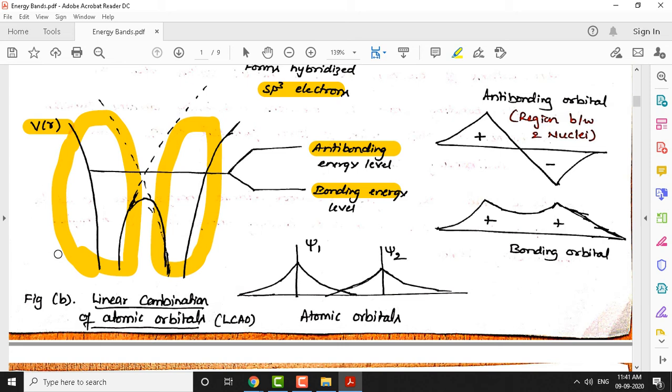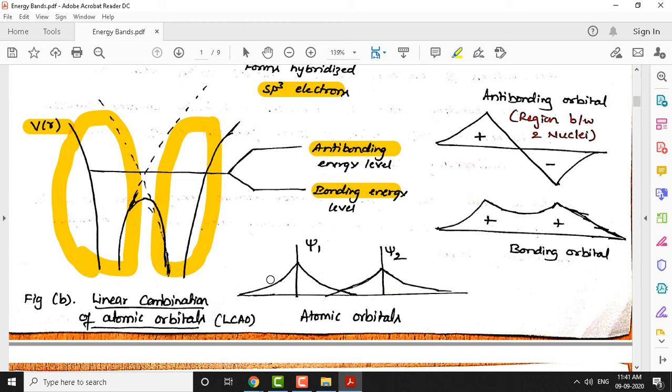This is one particular atom, and this is another atom. When these two atoms are brought close to each other, they form a potential well, and there is a sharing of electrons from the outermost level. Again, two things can happen between the two atoms: a bonding and an anti-bonding energy level.